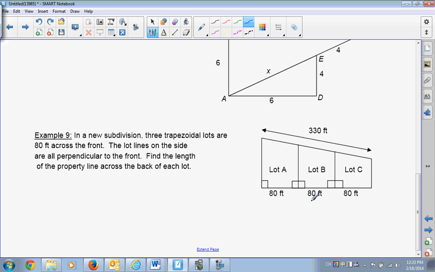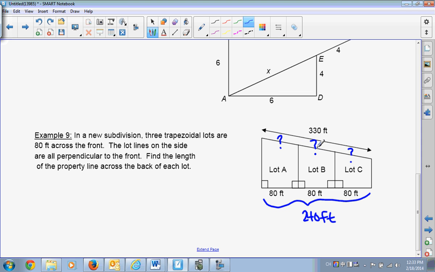Find the length of the property across the back of each lot. So we're looking for that back there.